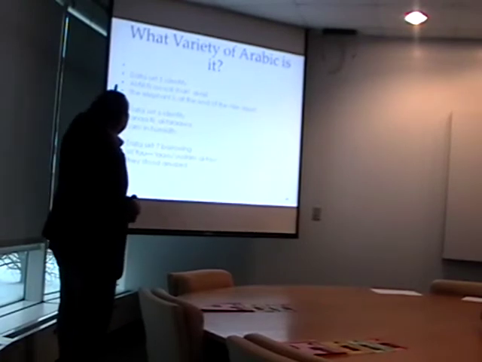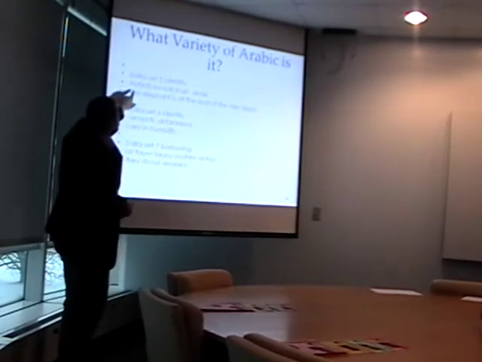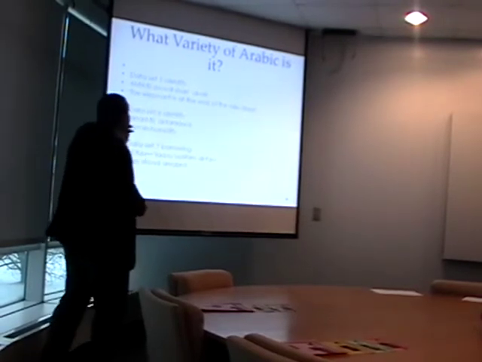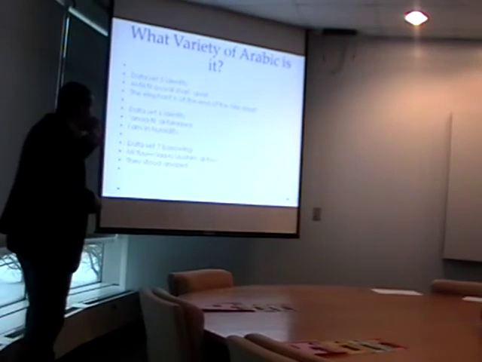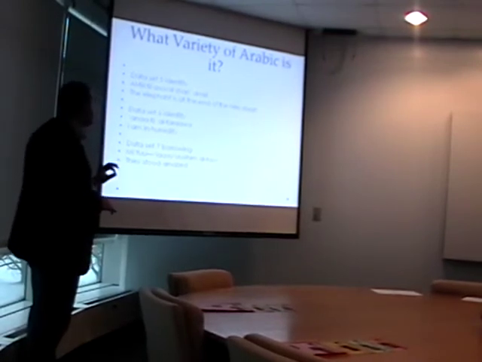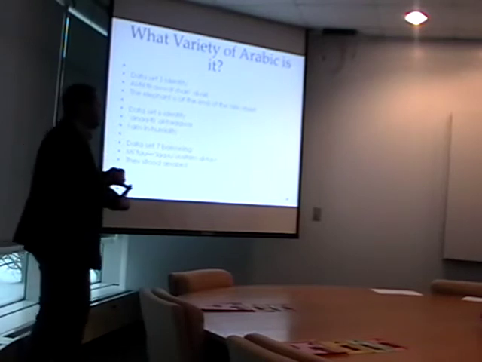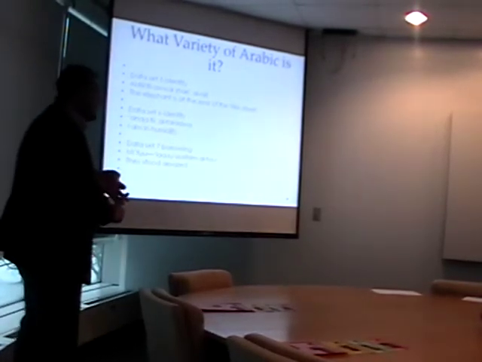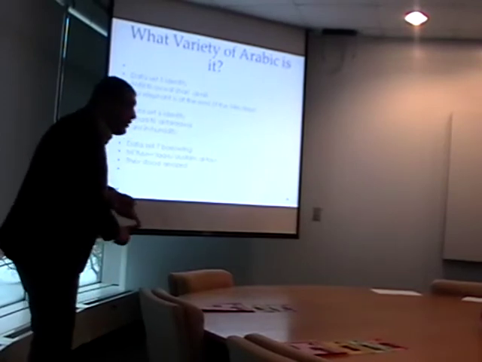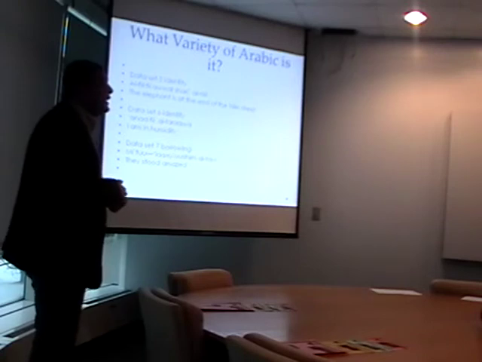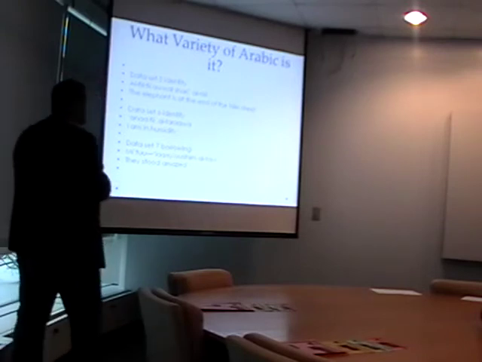So this sentence, al-fil fi awwal shari' al-Nil, is in fact impossible to define as a classical Arabic sentence, a modern standard Arabic sentence, an Egyptian Arabic sentence, a Libyan Arabic sentence, an Algerian Arabic sentence, or even a North Nigerian Arabic sentence.